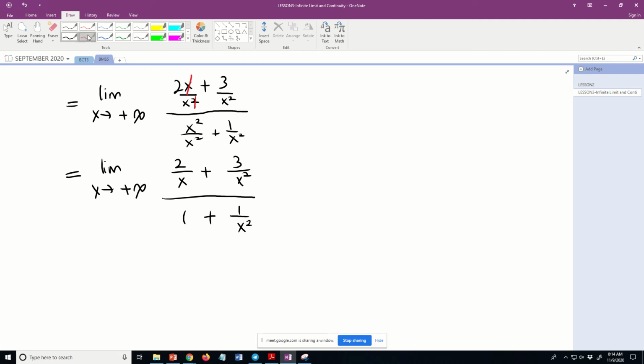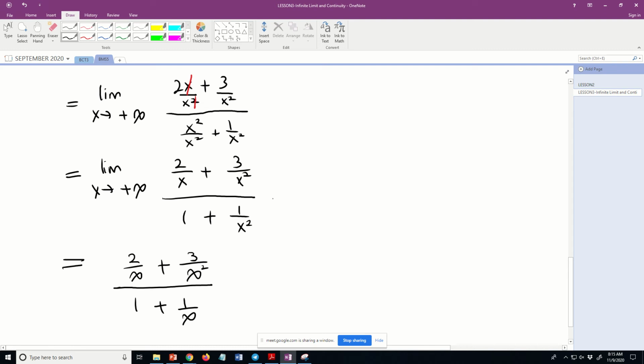Okay, now what I'm going to do is substitution. When I do substitution, equal to, 2 over infinity plus 3 over infinity square, divided by 1 plus 1 over infinity. See, I do substitution.